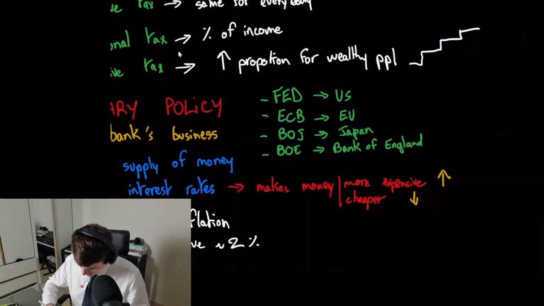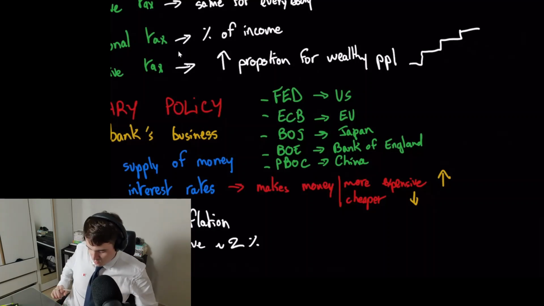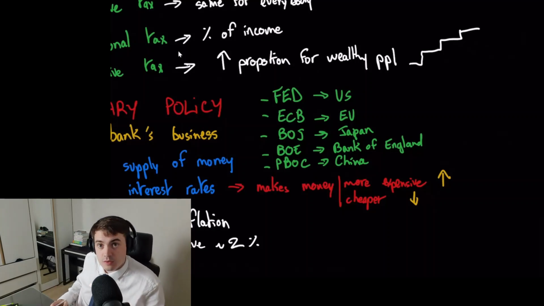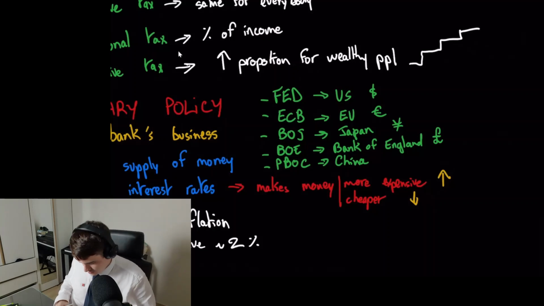You have the PBOC, the People's Bank of China, and basically every country has its own. And what each one of these do, they control the actual currency of each. Right? I'm not sure how you do the sign for the Chinese renminbi, so I'll just skip it.